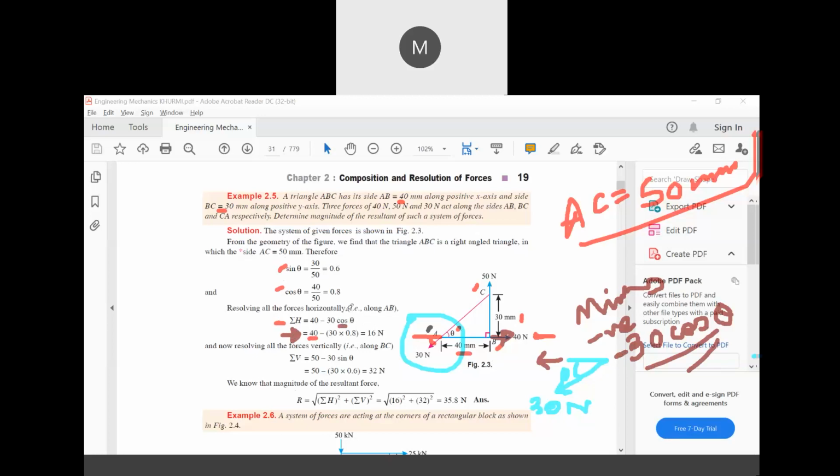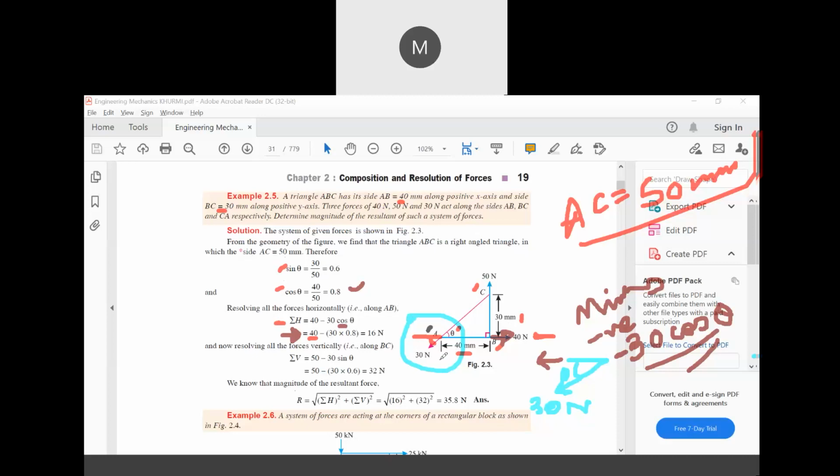Cos theta we just found out as 0.8, so 40 minus 30 into 0.8. Is it clear? Yes, sir.